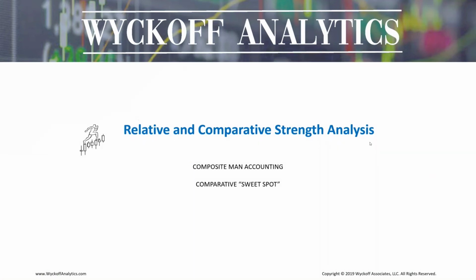What else? Okay, Philip is asking, so this is how we use the comparative analysis in practice. We identify the probable leader and then wait for phase C or D. Is that the only use? Well, yeah, definitely. We are in the trading range.